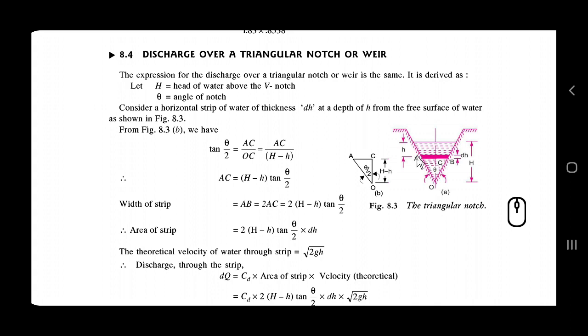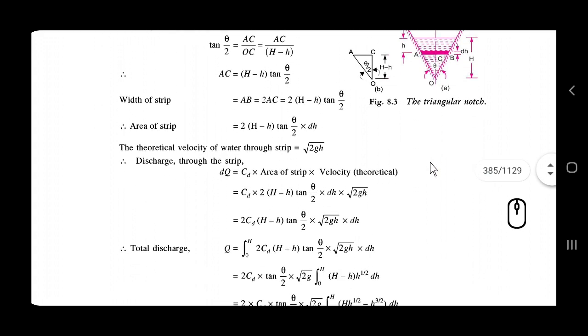So we can multiply like length into depth, or length into breadth. So like that we will get the area of the strip is equal to 2 into capital H minus small h tan theta by 2, that is AB into dh. AB into dh is the area. So also we already know that the theoretical velocity of water through the strip is root 2gh.